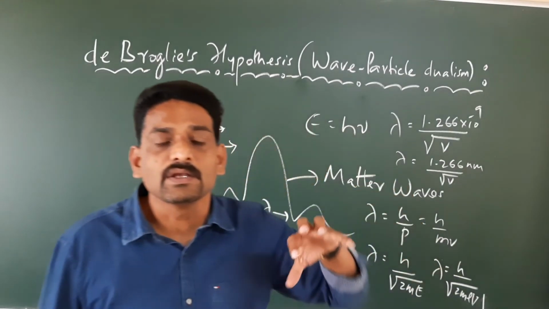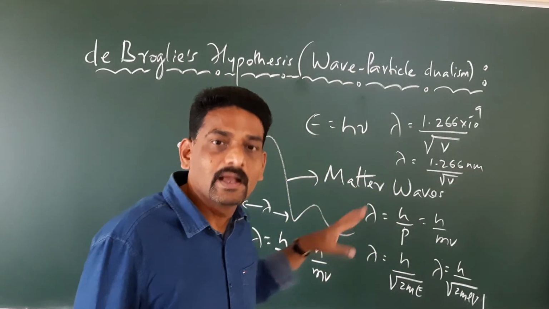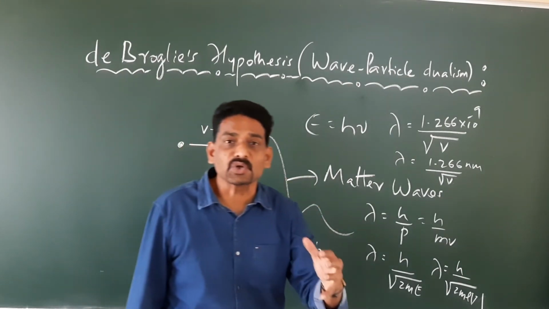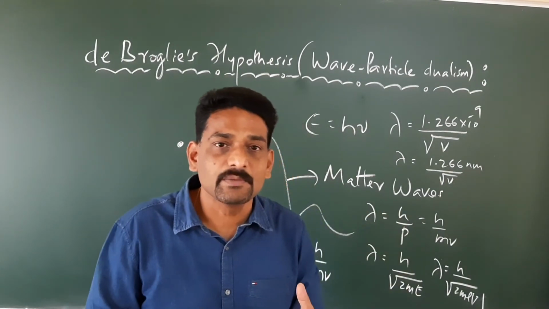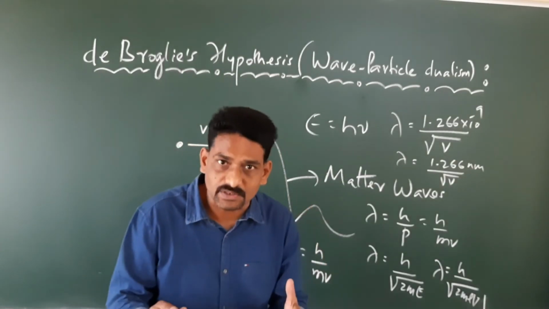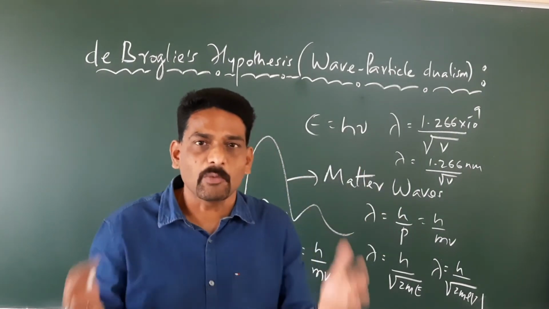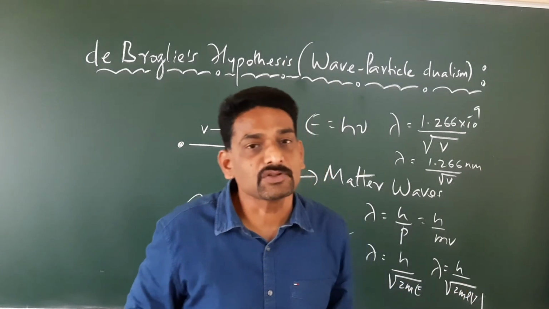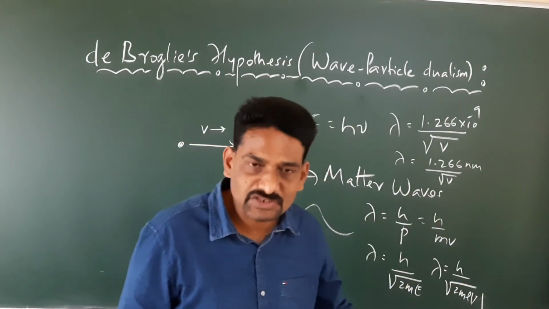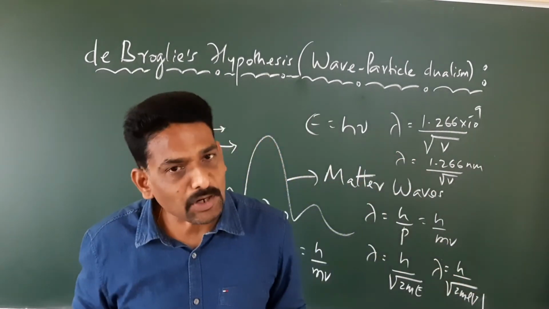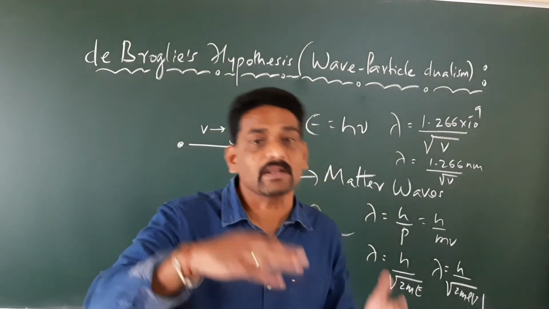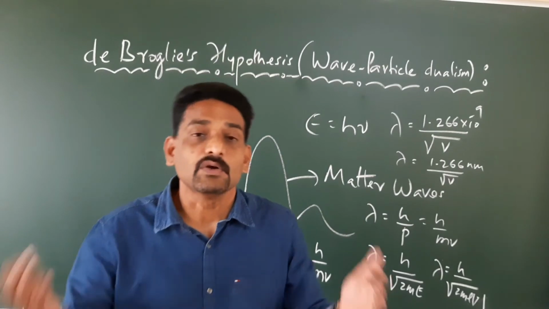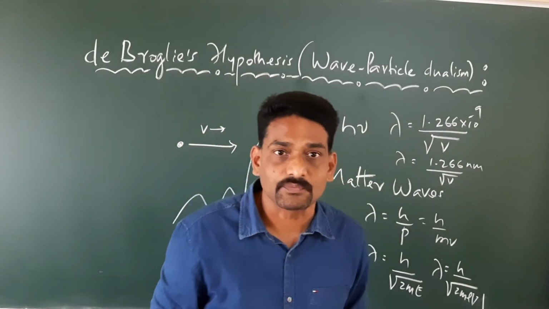And finally, we come to know that particles like electrons, protons, or neutrons also exhibit the so-called wave nature. It's very common that we are familiar with the wave nature of light, that is the diffraction, interference, and polarization. And from the quantum scattering experiment and photoelectric experiment, we understood the particle nature also.